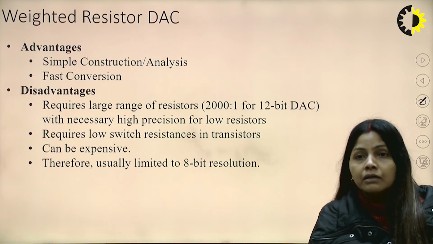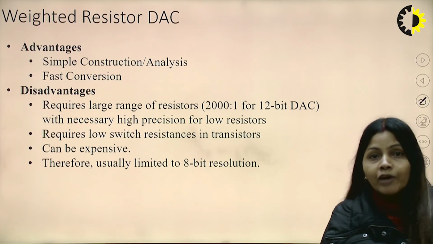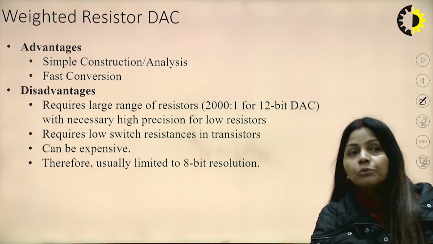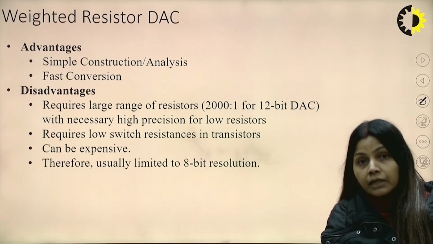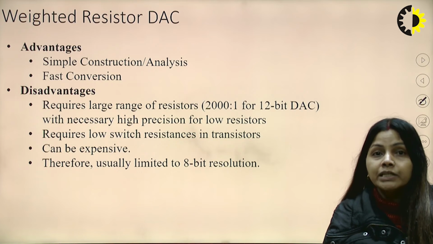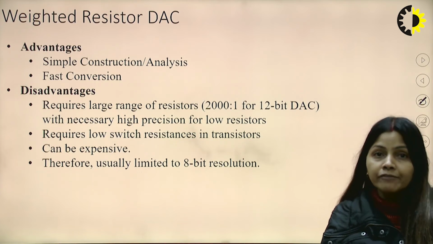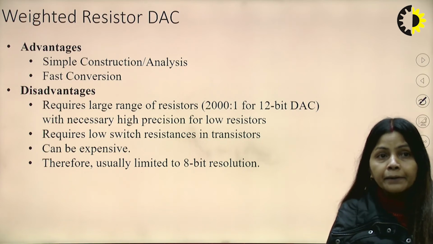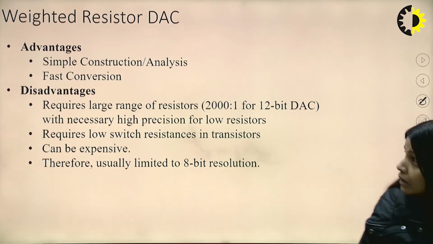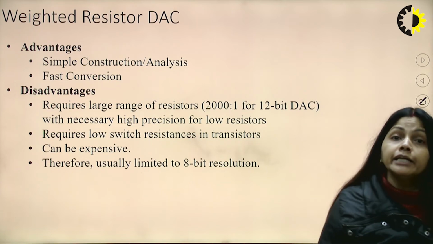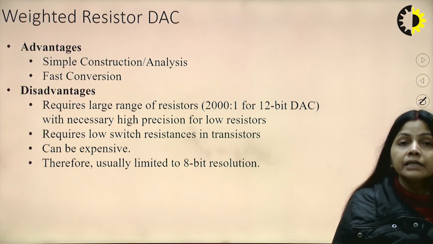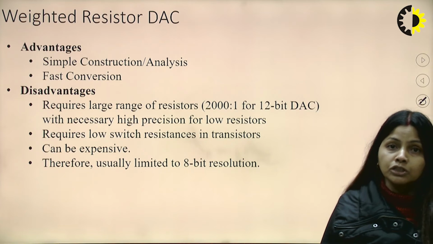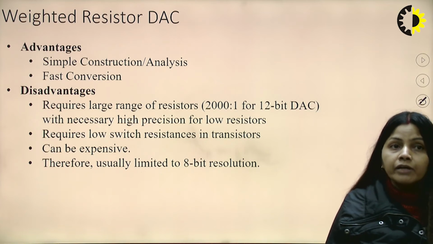If we take a 12 bit DAC, then we need very large resistance values. This is the disadvantage of this weighted resistor DAC. One advantage is that it does a fast conversion. That is the only advantage.